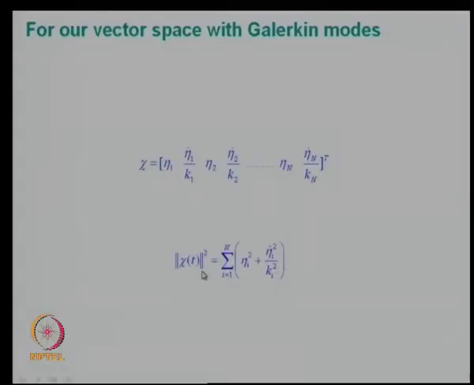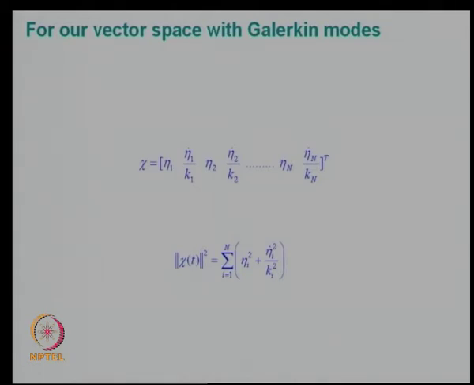So we can think of it like eta 1 cos kx plus eta 1 dot, I mean the velocities were like cos or sine. Just check, I don't want to make a mistake.